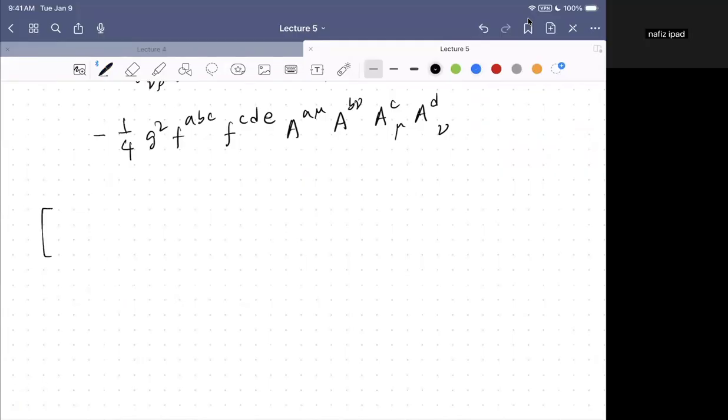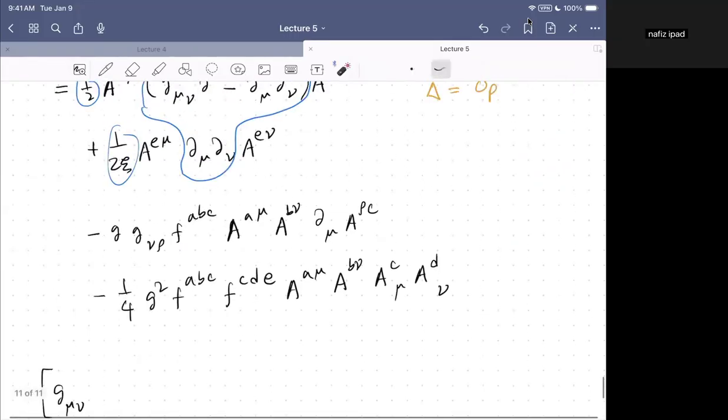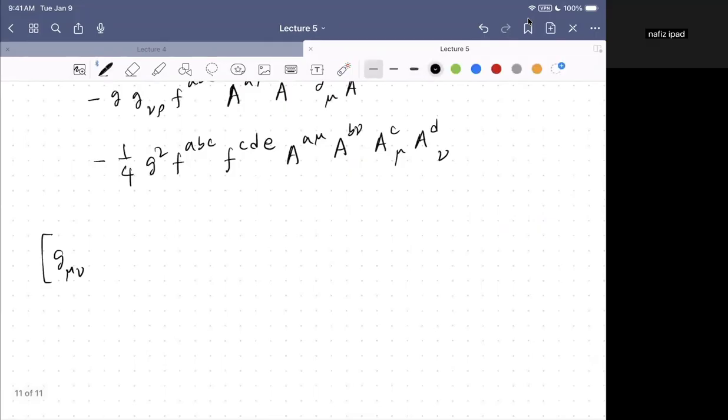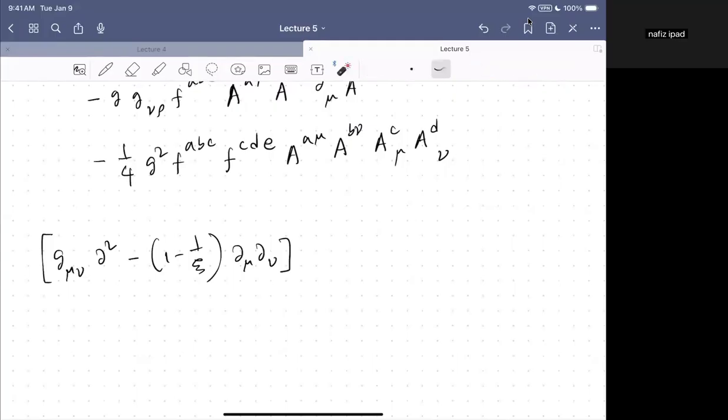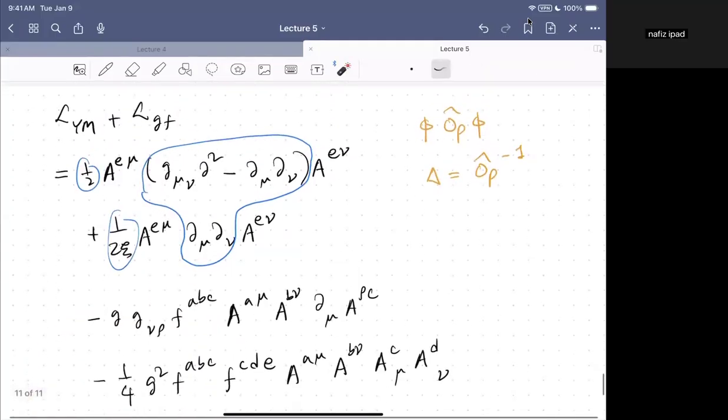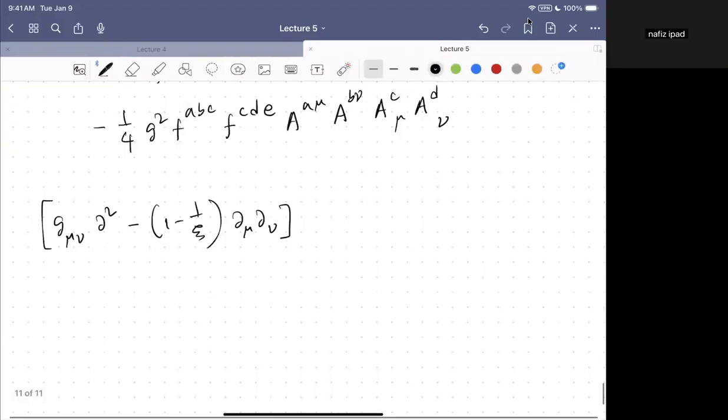So I will write down the equation for the propagator. To avoid confusion, note that there are two G's. The G without any indices is the coupling constant, and the G with two indices is the metric tensor. This is the quadratic operator that you get here.